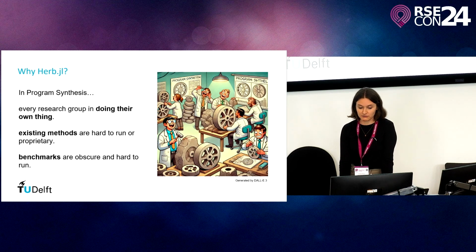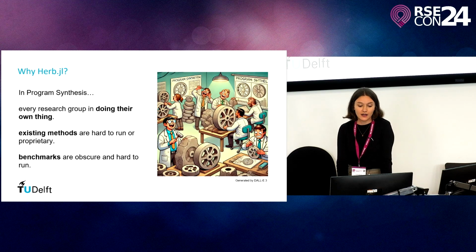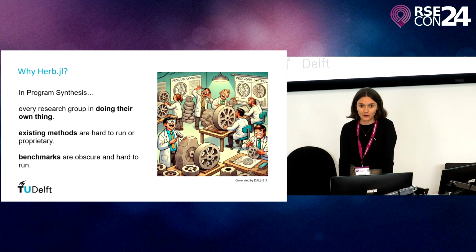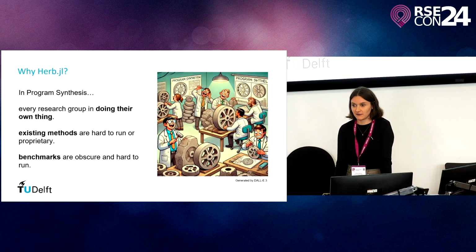Existing methods are hard or impossible to run, or proprietary, like the Microsoft FlashFill example. And benchmarks are often written in obscure languages, so not very human readable, and also either impossible or hard to run. So researchers have basically no way to compare their own methods to existing methods or to reproduce somebody else's results.